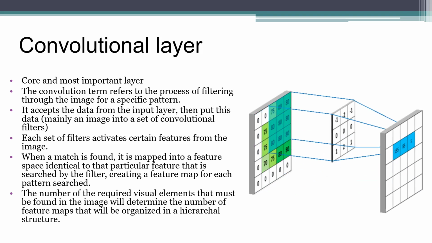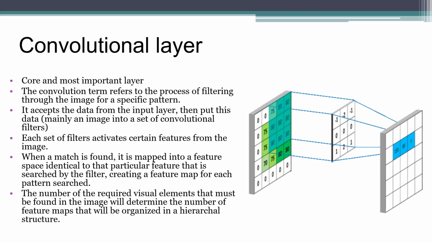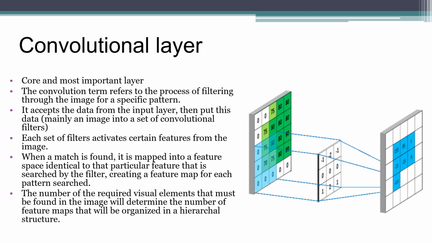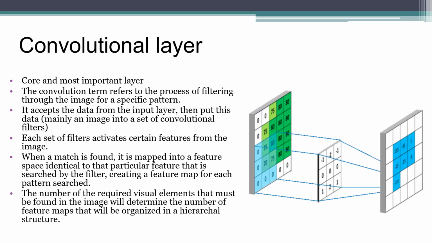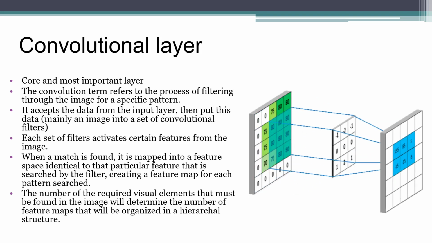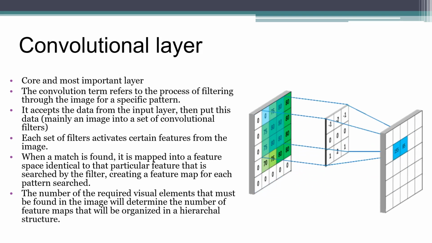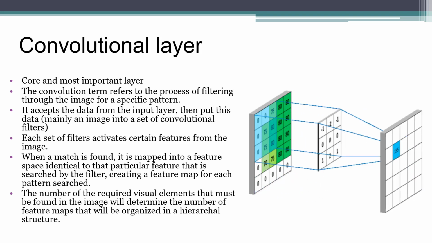Each sweeps over a certain slice of the image. Each set of filters activates certain features from the image, that is, searches for a specific pattern in the entire image. When a match is found, it is mapped into a feature space identical to that particular feature that is searched by the filter, creating a feature map for each pattern searched.